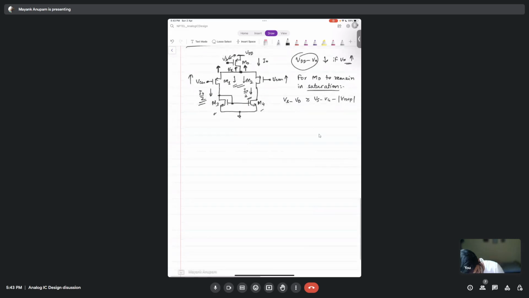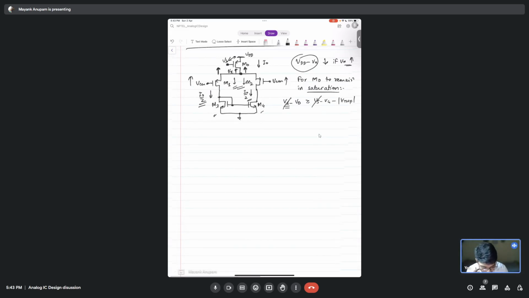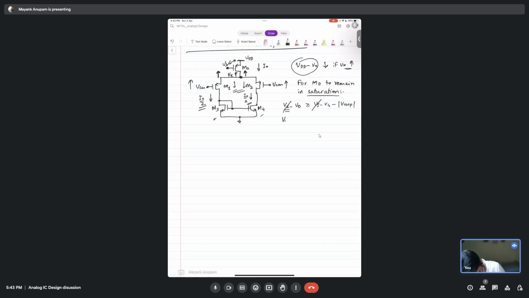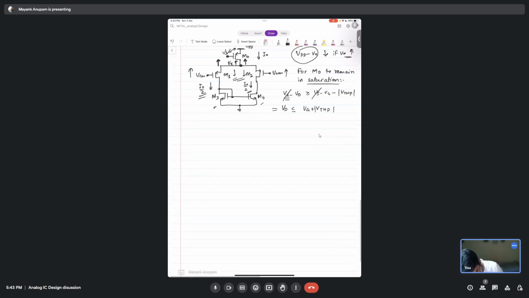Correct. So what is the source voltage here? This and this will simply cut each other. This will get eliminated. So we have VD should be less than VG plus mod of VTHP, right?